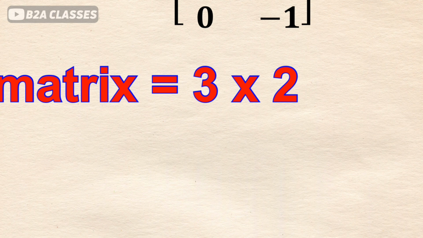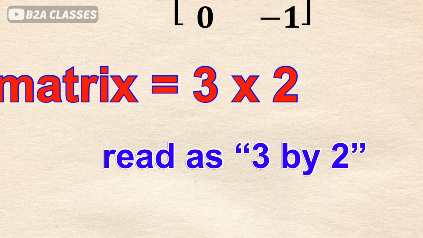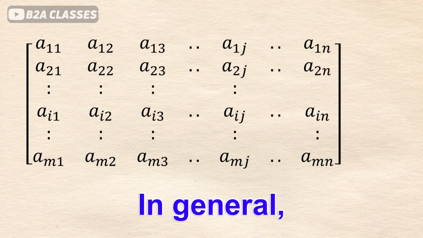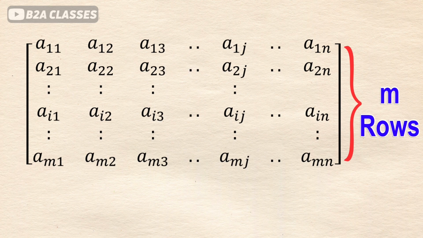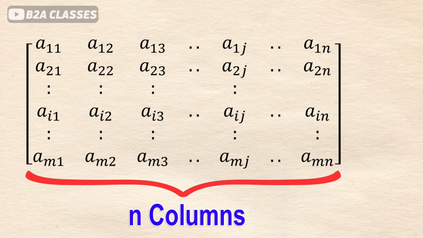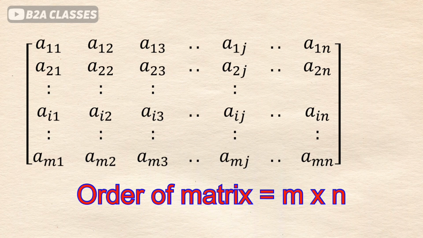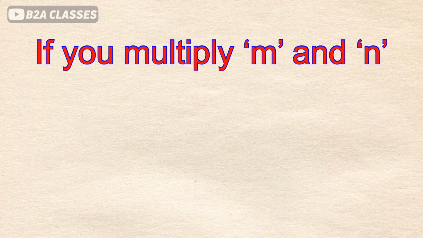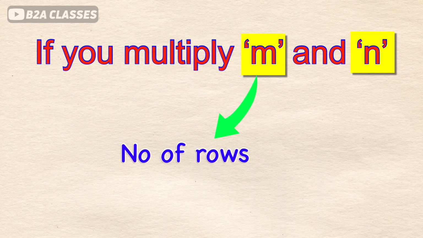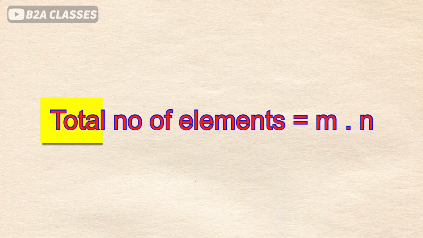And this order of the matrix is read as 3 by 2. In general, if there are m number of rows and n number of columns in a matrix, then the order of the matrix will be m by n. And if you multiply m and n, that is number of rows and number of columns, you will get total number of elements of the matrix.